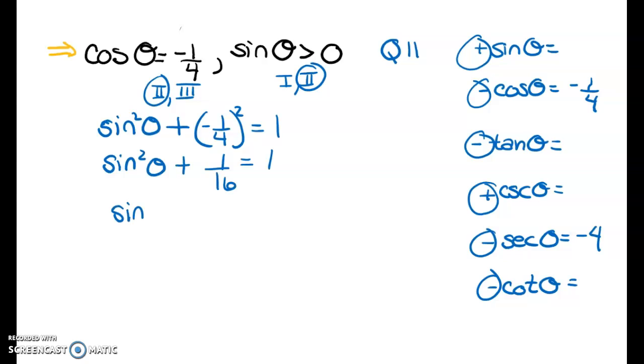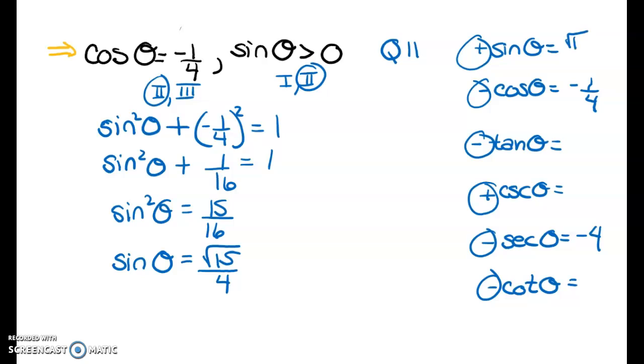So sine squared is going to be 15/16. And when I take the square root, I know it's going to be positive in quadrant 2. So sine is going to be the square root of 15 over 4. So let's write that over here, radical 15 over 4.